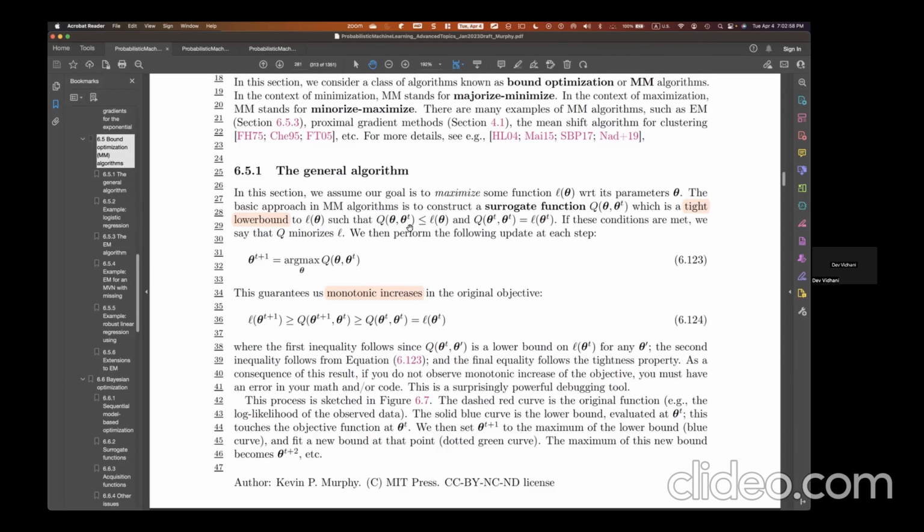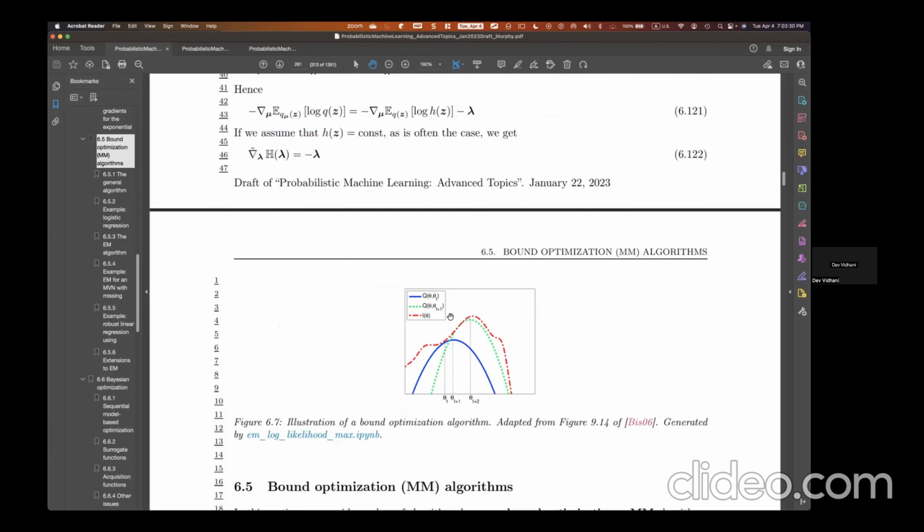theta comma theta_t at any point in time is always less than or equal to the actual function we maximize. So it's kind of a lower bound at any point in time t, and whatever is the maximum of the function is determined by this Q. It's better understood with this diagram that they have, which is actually an amazing diagram right here.